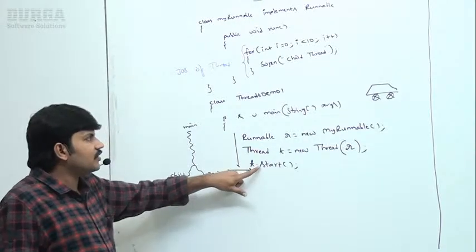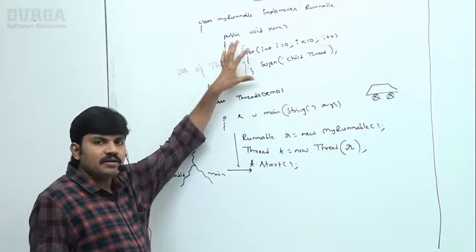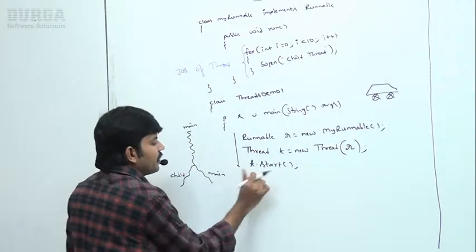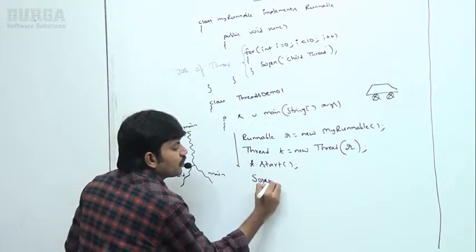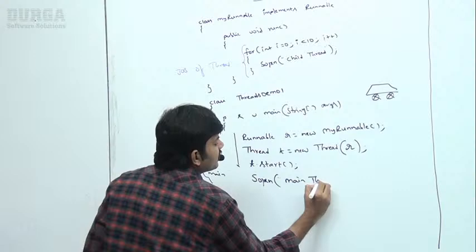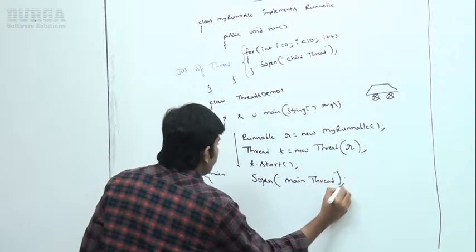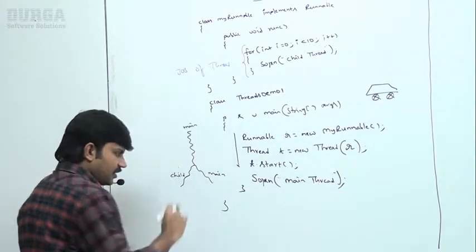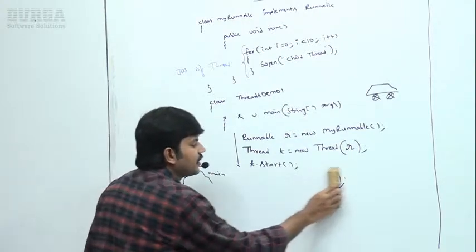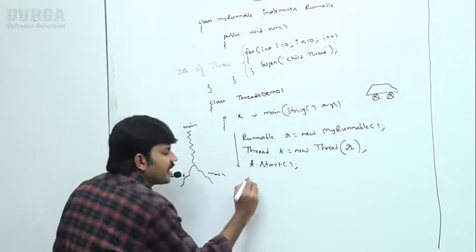The child thread's job is the run method. The main thread's job is the remaining code. Sir, what code do I want to write here? System.out.println, just I am writing "main thread". Now instead of one time, let me write main thread also some 10 times.